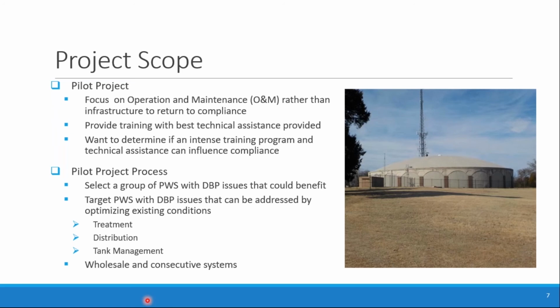And this study will help answer that question. So we have water systems identified. We're looking at treatment, distribution, and tank management, and wholesale and consecutive systems to highlight some of the problematic areas that we've seen when we did a deep dive in our compliance assessment with CIDWIS. So that's the project scope. I'm going to turn it over to Jose now, and he's going to talk about some of the preliminary results and some of the takeaways that we've had so far.